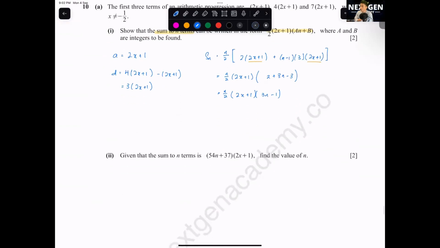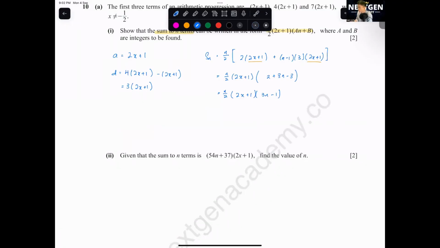Okay, number 2. Given that the sum to n terms is 54n plus 37 times (2x plus 1), find the value of n. So we need to take the above and equate the two.